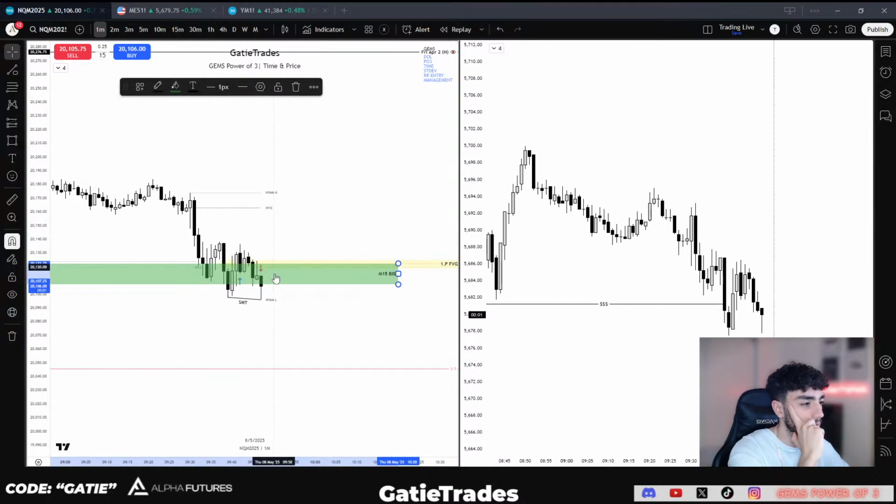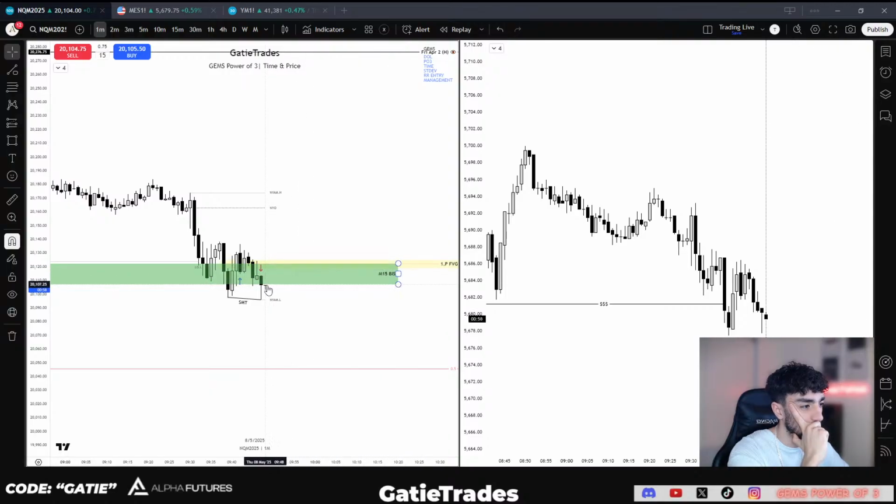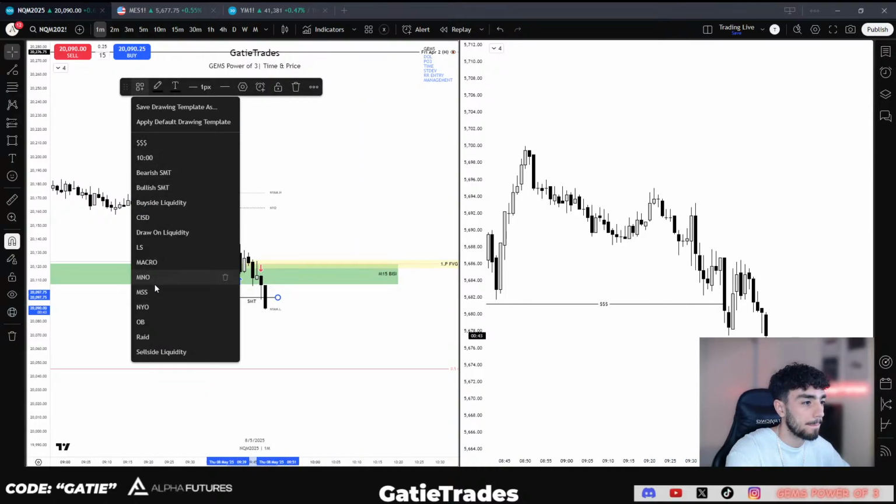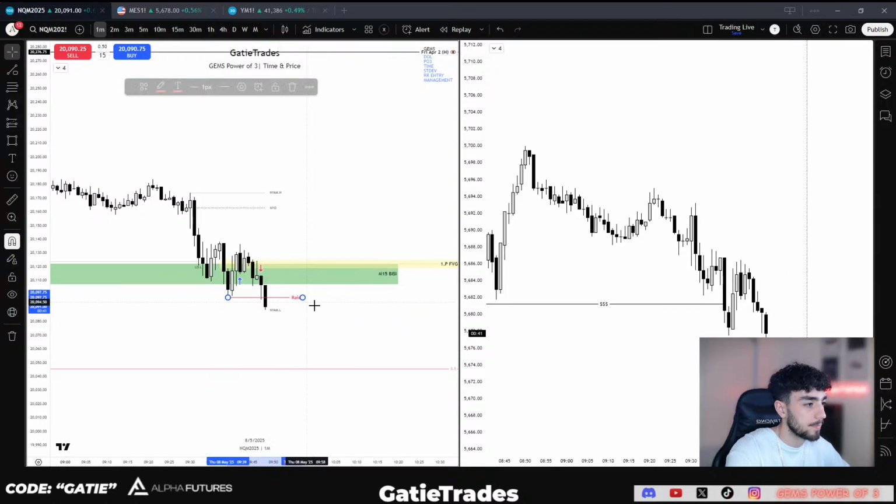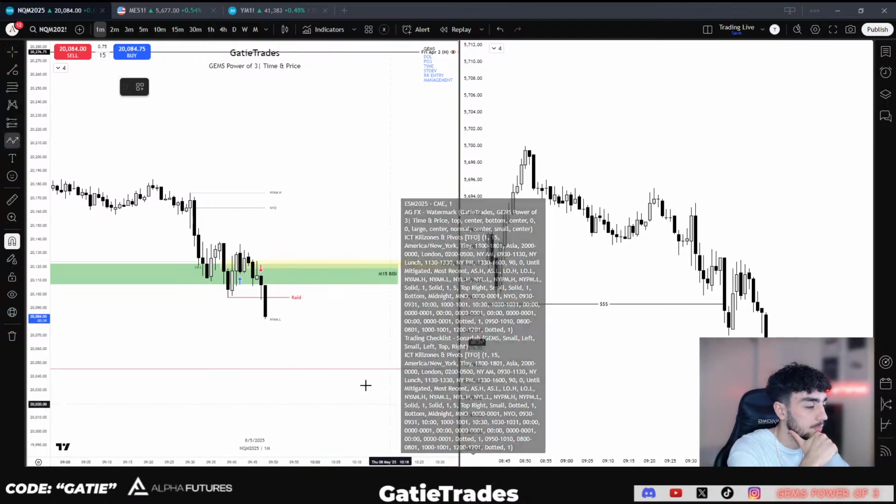Because we're looking for a long off the 15-minute, unless this next candle just, boom, displaces higher, I wouldn't really trust another long from here. Not at this time. We'll give it like 1 or 2 minutes.